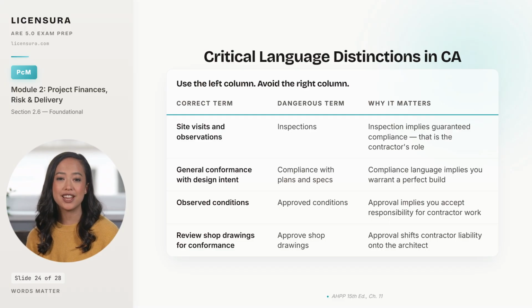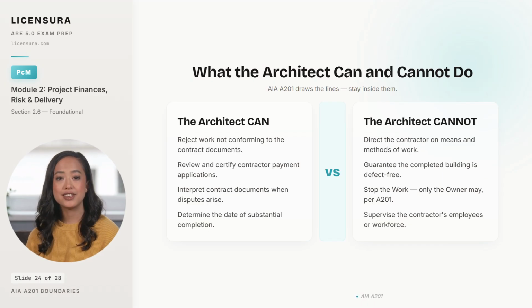Once the language is right, you need to know exactly what you can and cannot do under AIA A201. 2 columns set out the authority and the limits of the architect under A201. On the authority side, you can reject work that does not conform to the contract documents, which is one of the most important tools you have.